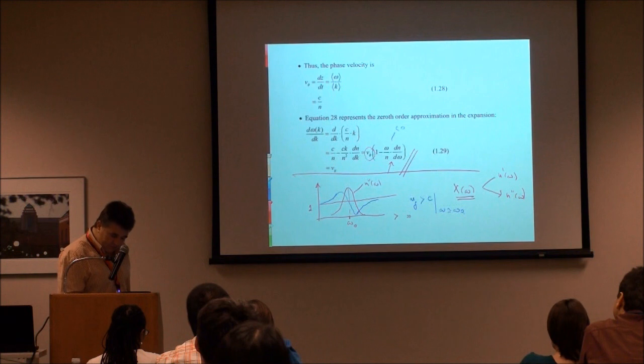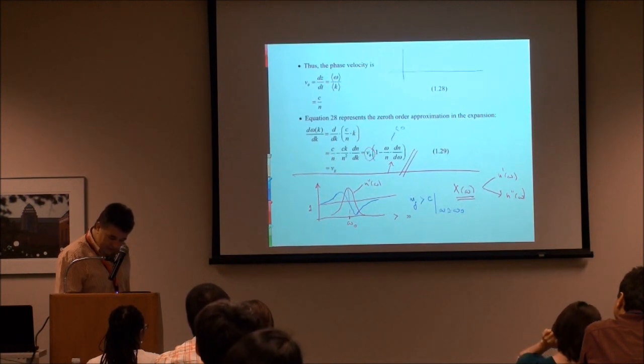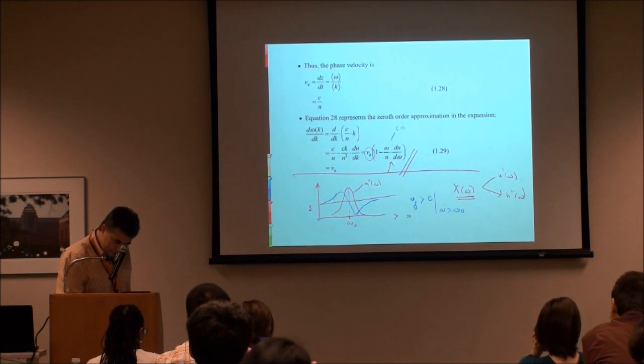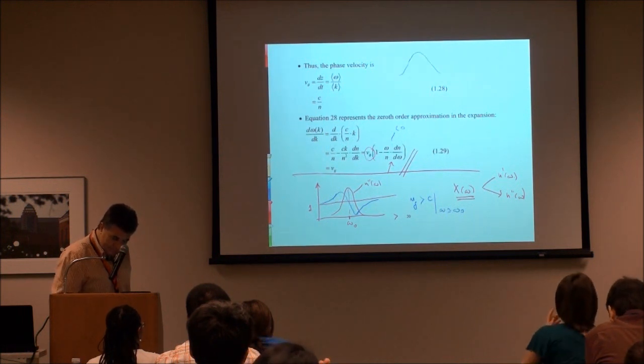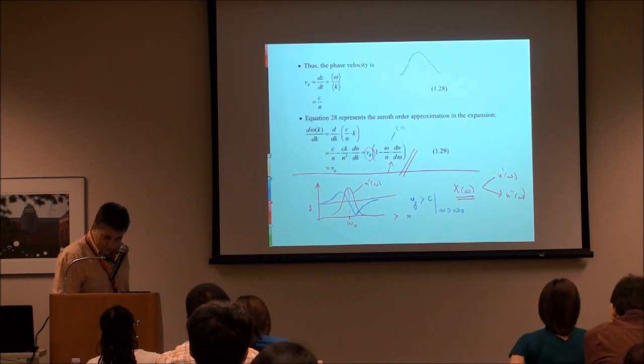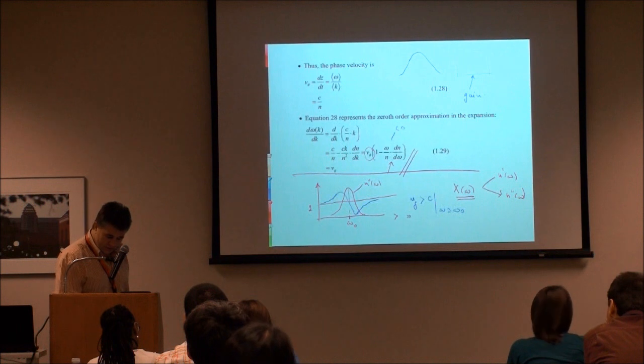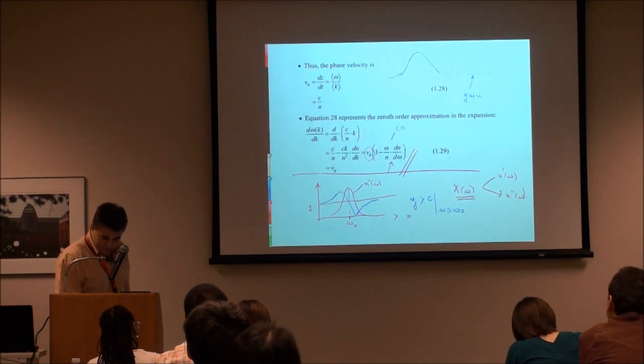So that was interesting. The simple idea is kind of like this. If you have a pulse and you pass it through a gain medium, this can amplify stuff. The leading edge of the pulse, which is very low power, once it hits the medium, is going to get amplified.